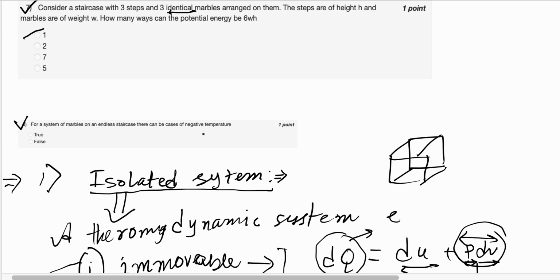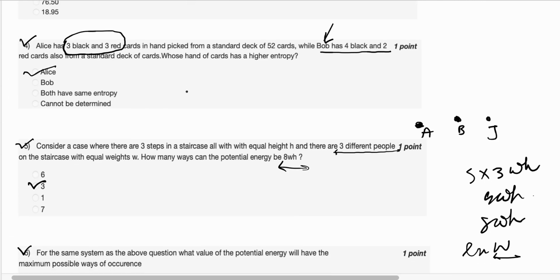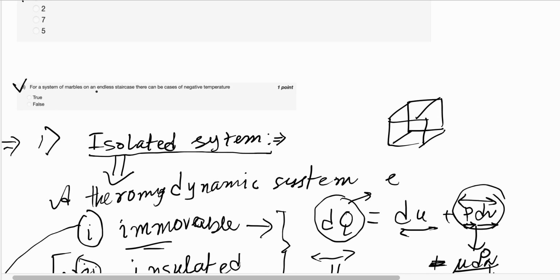The question asks, in the last example where we put three identical marbles on the staircase, if the number of stairs becomes infinite, for a system of finite marbles, not infinite marbles, can the temperature become negative?